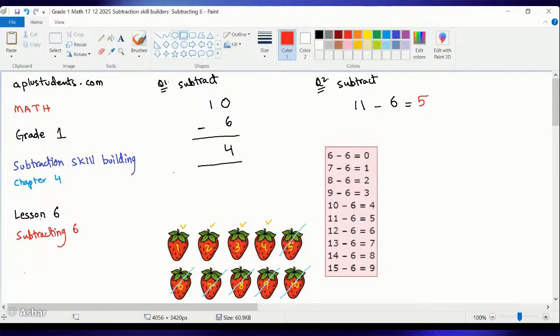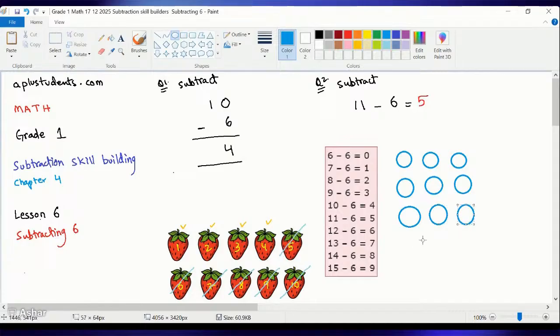Let's suppose we have circles over here. So if we have 11 circles, 1, 2, 3, 4, 5, 6, 7, 8, 9, 10, and 11, right? So if we need to remember, first we do the labeling.